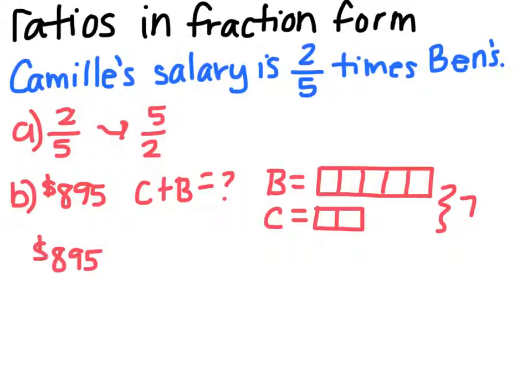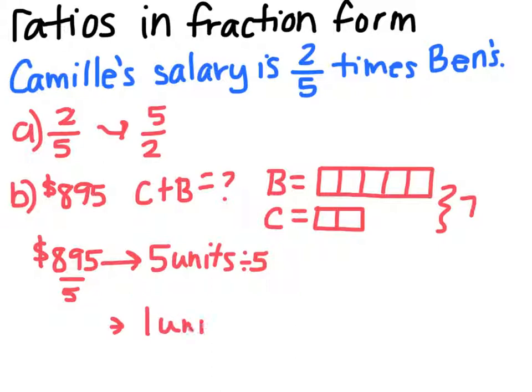Okay? So using our model, we can solve that Ben's salary, being $895, is equal to 5 units. So we can find the value of 1 unit by dividing each side by 5, which will give us 1 unit being equal to $179. Okay?